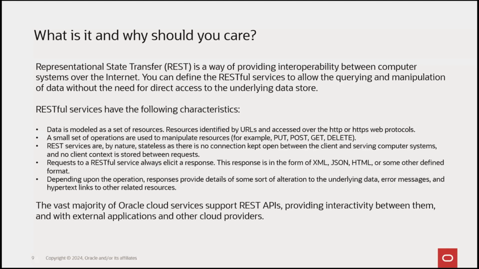By their nature, they're stateless. There's no connection that's kept open between the client and server computing systems, and no client context is stored between the requests. And they always elicit a response. The response is in the form of XML, JSON, HTML, or some other service. Over the years, the only ones I've ever seen are JSON responses.